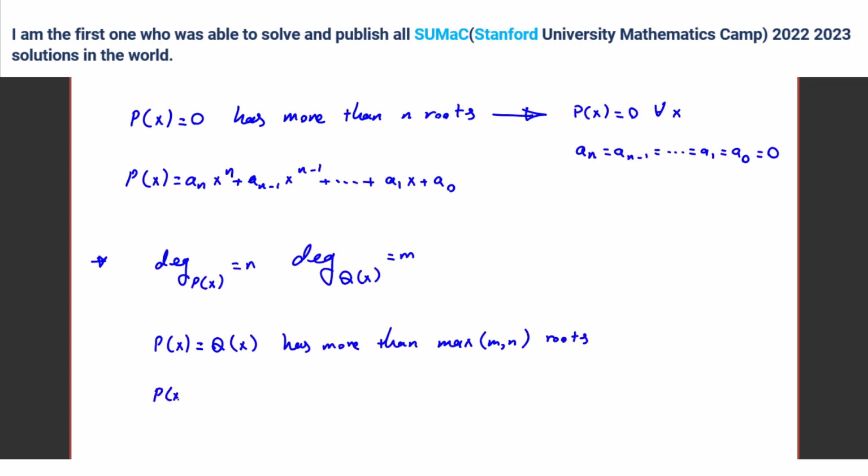Because the degree of p of x is n, it is a n x to the n up to a0, and q of x is b m x to the m up to b0. So if it has more than that many roots, what can we conclude? Both of the functions are just 0. No, they are not functions, they are polynomials. In functions, we don't have these conditions, right?